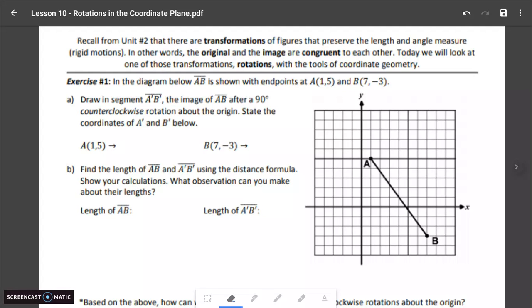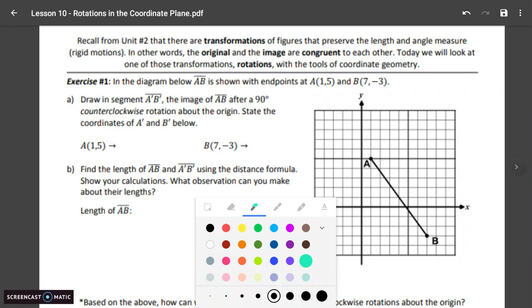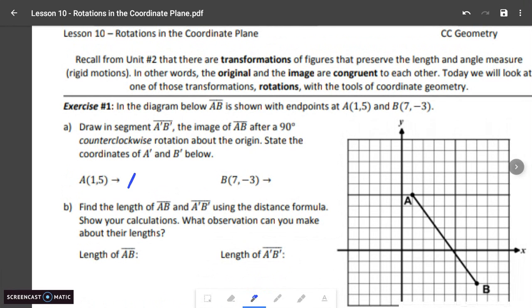So in that first exercise, we're taking this AB and we're finding the segment A prime B prime, which is the image after a rotation of 90 degrees counterclockwise. So we should recall that to find that, A prime is going to become -5, 1, while B prime is going to become 3, 7.